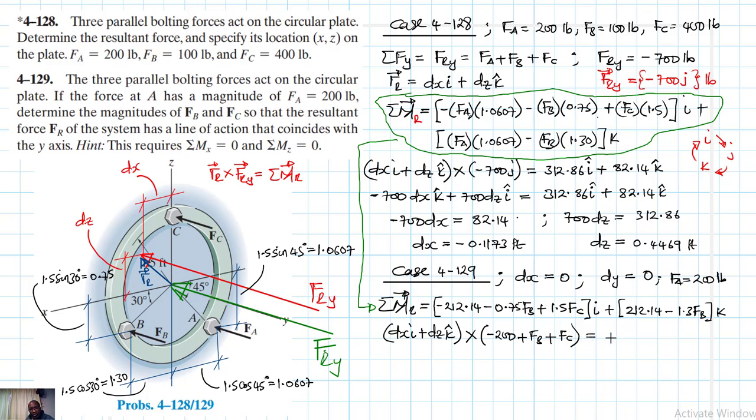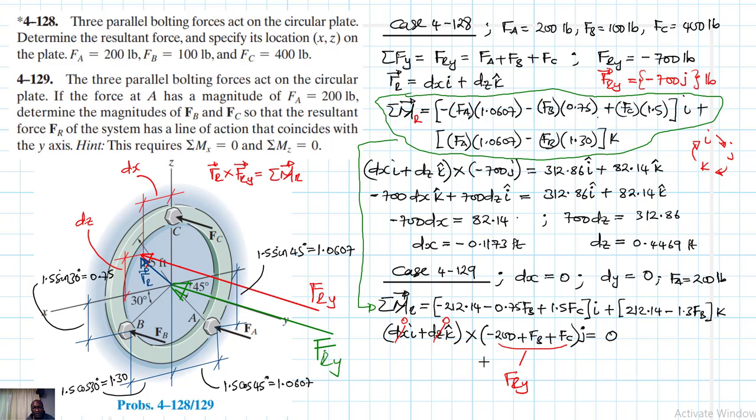This is going to be equal to 0. Why? Because this part is equal to 0 and this part is equal to 0, because the resultant is this resultant. It has a j there. Let me just put a j like so.